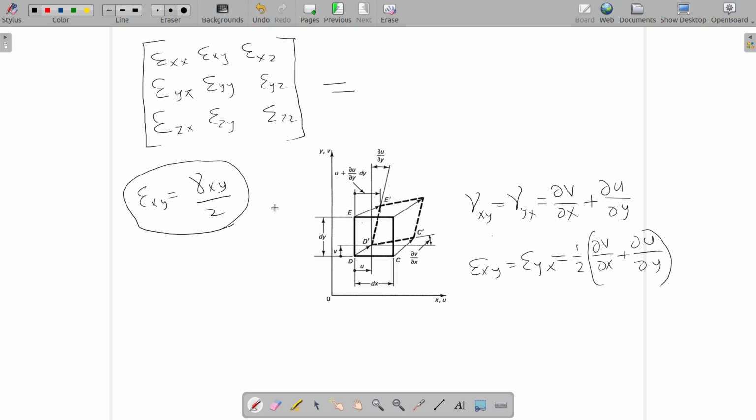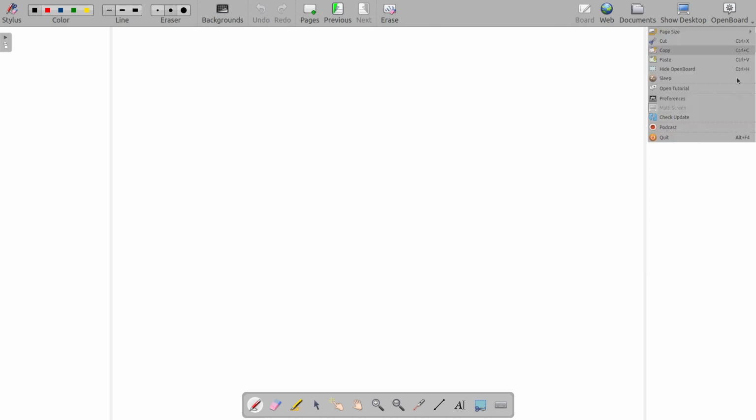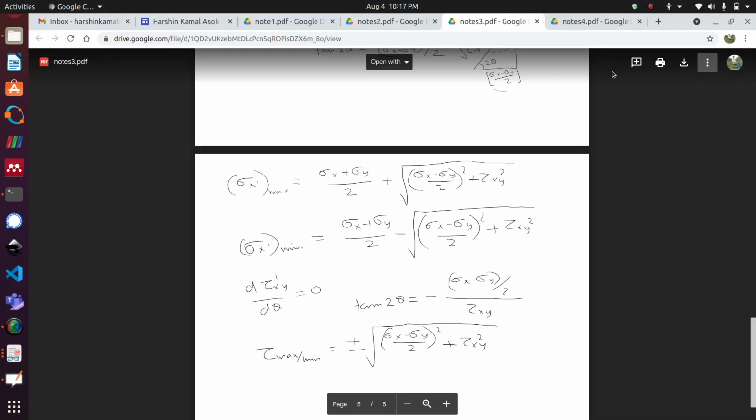So this is something I just want to remind you, this relationship. That's the only reason I talked about the definition of strain here, because that will make a difference. That is the only difference between Mohr circle for stress and Mohr circle for strain.